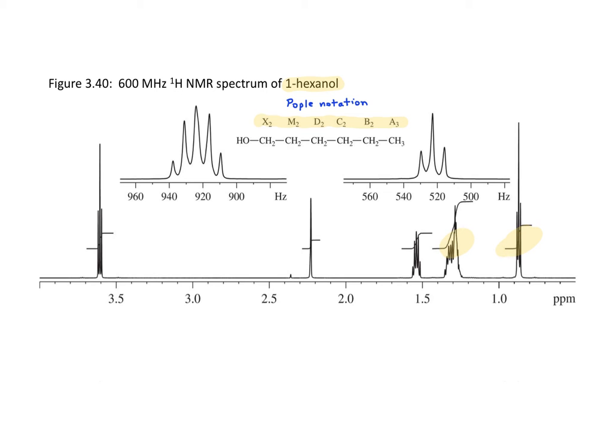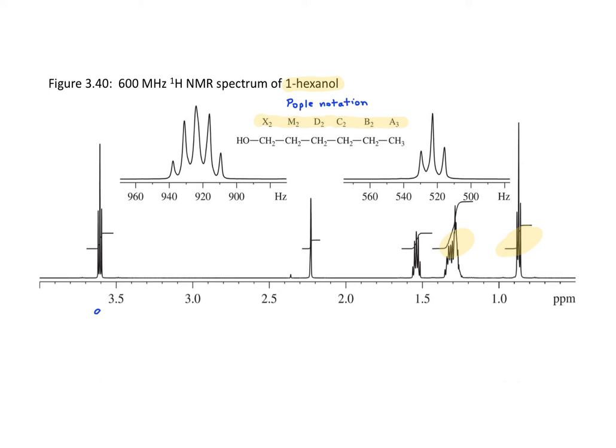When labeling spectra, particularly for unknown compounds, I prefer to use lowercase Roman letters for proton spectra and capital Roman letters for carbon-13 spectra, as we will see later. I find it's easier to keep track if I label these.